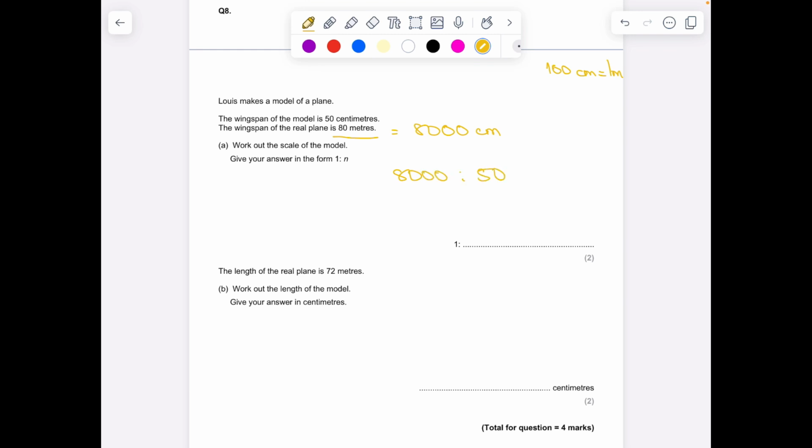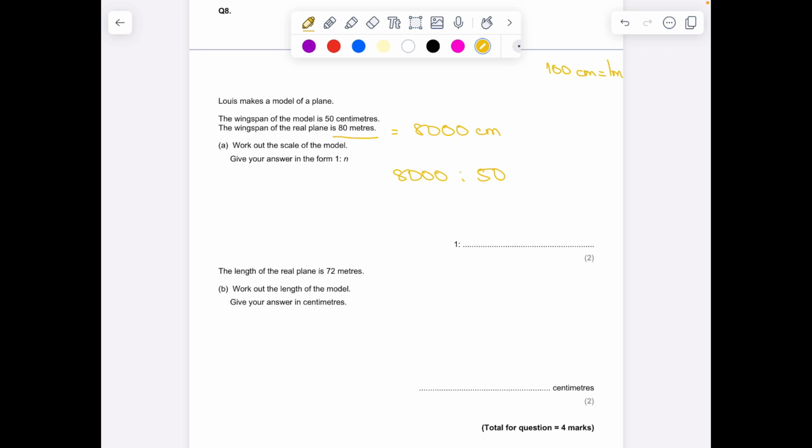So that's what it is. Doesn't matter which way round we do it, as long as it's 1 to something. And so, hold on, the scale model. So actually we should do it the other way.